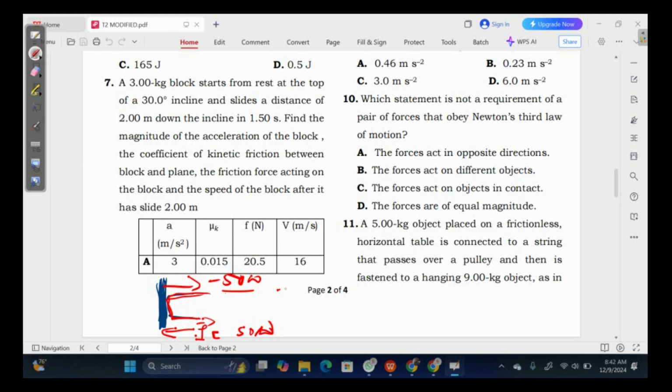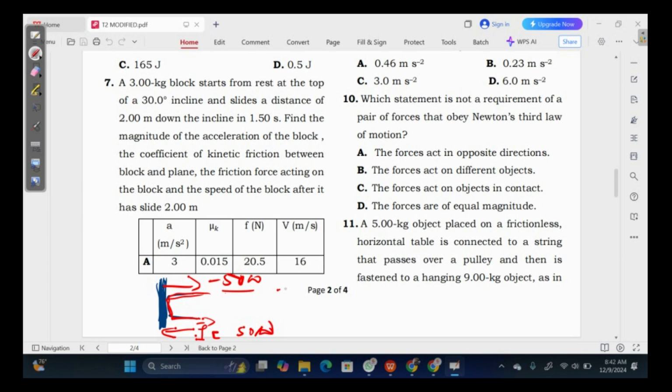That's what we need to understand. Now, the force that the car is going to use to bump into the wall is the force of the car. Then again, the force that the wall is going to use to bump into the car is the force of the wall. So you can clearly see that they are acting on different objects, right?